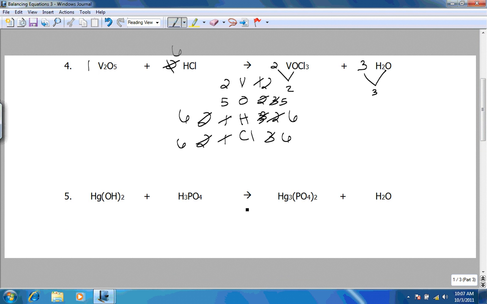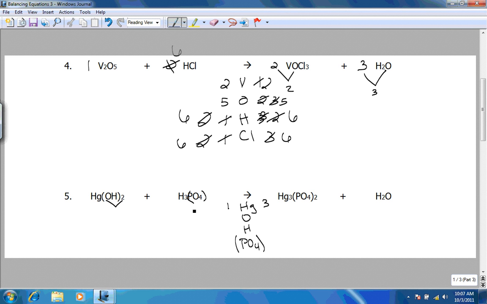Alright. Running out of room for the bottom one, but that's okay. We have mercury, oxygen, hydrogen, and phosphate. I'm going to keep phosphate as a whole because I see it exactly the same. It didn't get broken up. So I'm going to keep it like that. I have 1 mercury and 3 mercuries on the right. Oxygens, I have 2 here.